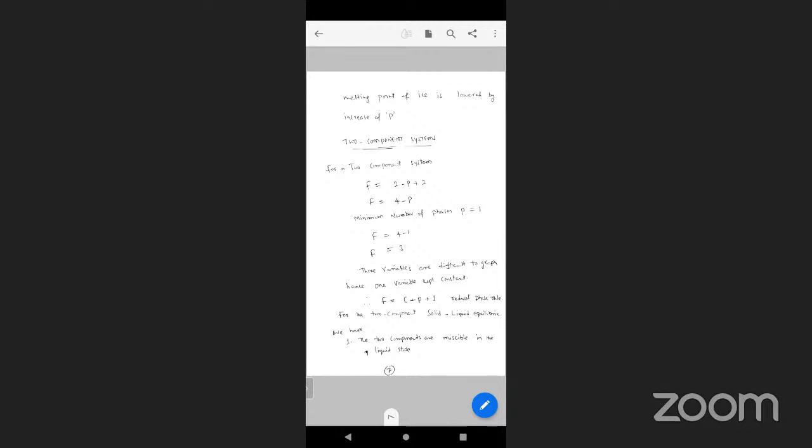Calcium oxide, which is in solid state, which is present in calcium carbonate, and that gives one, that is considered one component, and the other one is CO2, the gas, that is the second component.